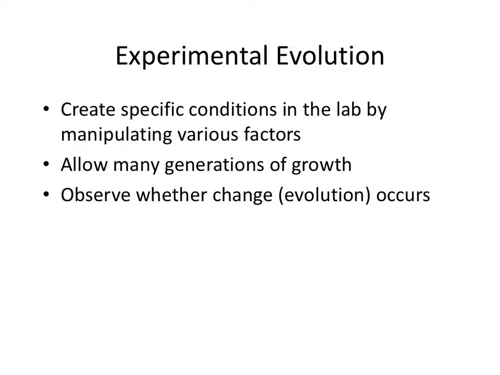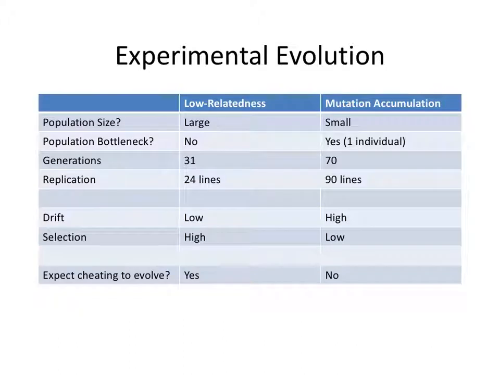So they're going to grow different populations of Dictyostelium for multiple generations in replicates. They take one genotype, close relatives of each other, and make lots of different independent cultures of that. Then they want to know, does cheating ever evolve in any particular lineage? You grow, I don't remember how many, you'll see it in the paper, hundreds or thousands of different replicates starting with a single amoeba, letting it grow, and then seeing if cheating ever evolves, and if so, how frequently. They're going to use two different types of experimental evolution.